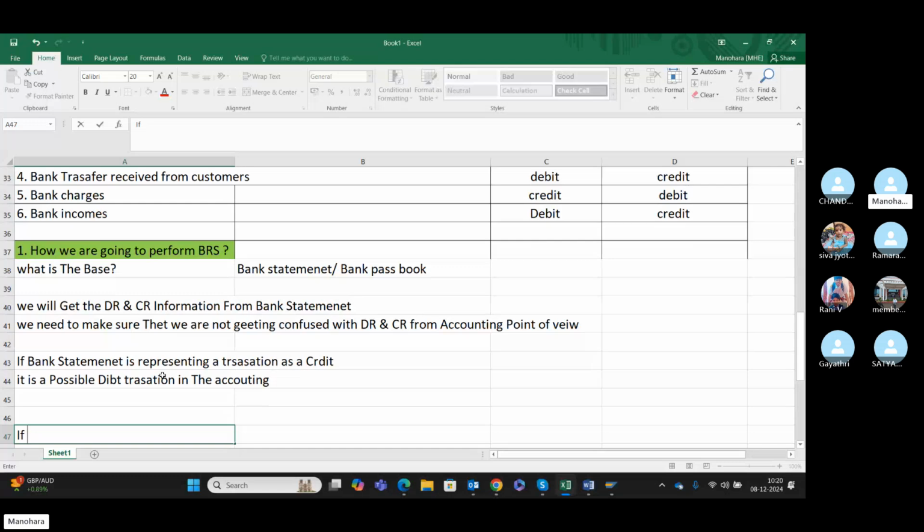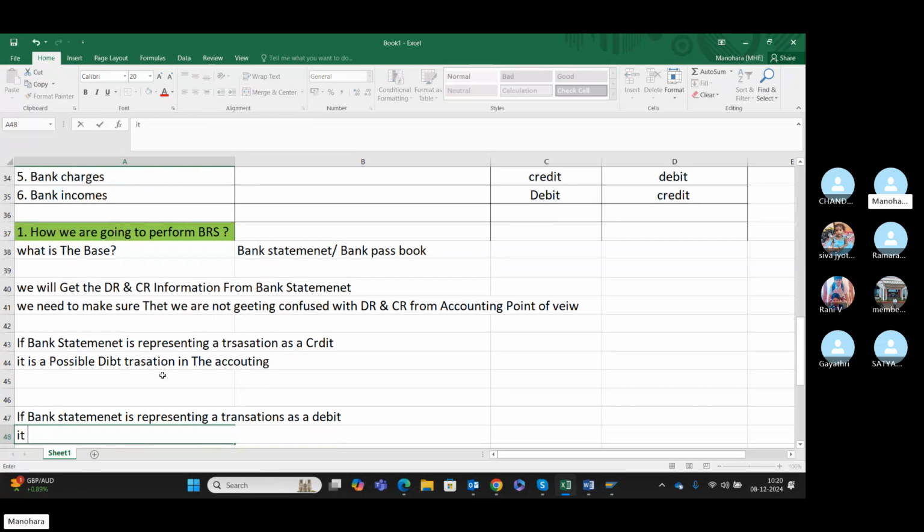And if the bank statement is representing a transaction as a debit, it is a possible credit transaction in the accounting.